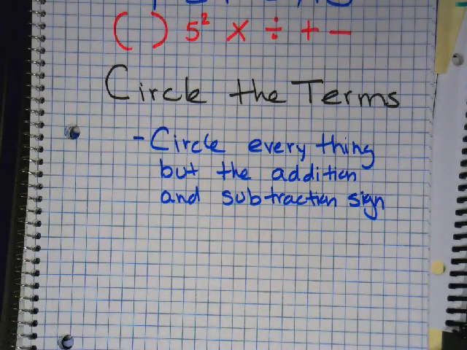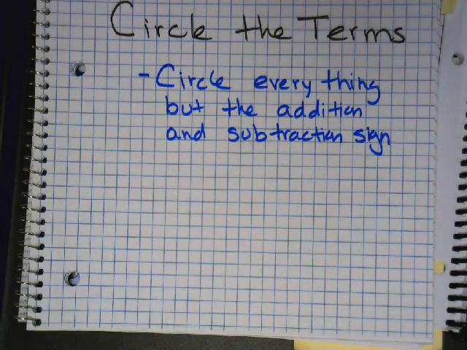And this will make more sense once we start doing some problems. But just remember, do not circle addition and subtraction signs. It's going to help us do the math. If you circle the addition and subtraction, then it becomes confusing. So it's something that we realize as math teachers, that if we tell them, it will hopefully make sure that they do it correctly. In math, order matters. What I do first matters.